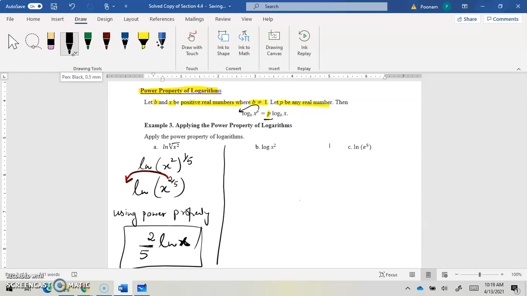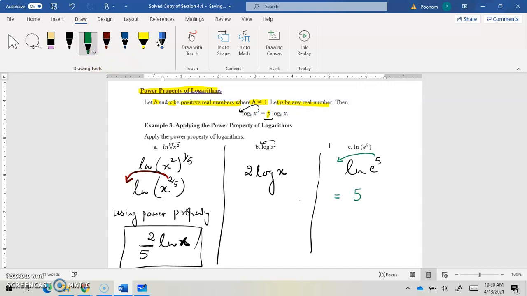Let's look at the second part. Log of x squared. According to the power property, 2 comes up front. So that would be written as 2 times, this is common log, log of x. That is your answer. The last one here is natural log of e raised to power 5. Using the power property, this 5 comes in the front.